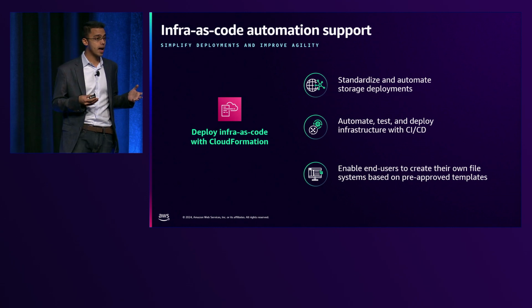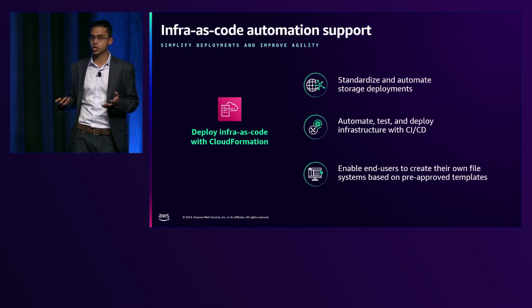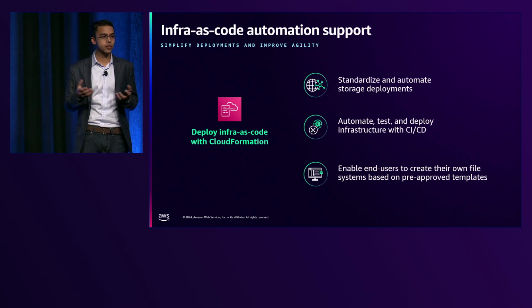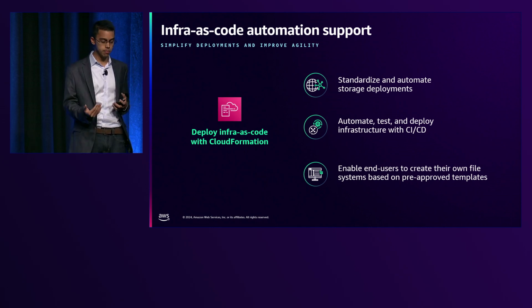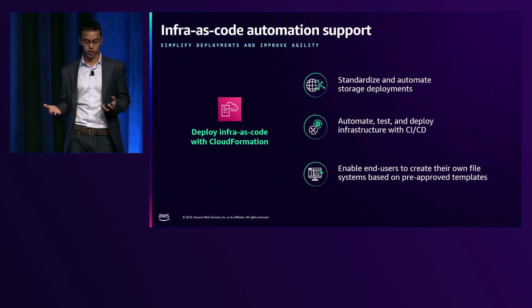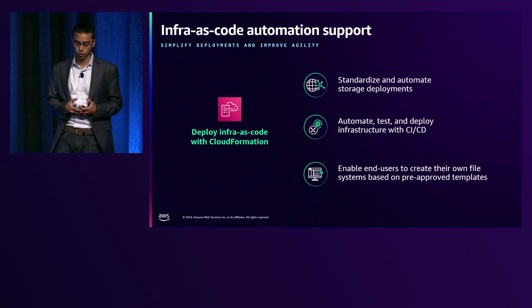Finally, another aspect of agility is around infra as code automation support. A lot of FSx customers are big enterprises managing not just a single file system, but a deployment of multiple dozens or even hundreds of file systems. And these customers really benefit from our support for infra as code services such as CloudFormation or Terraform.